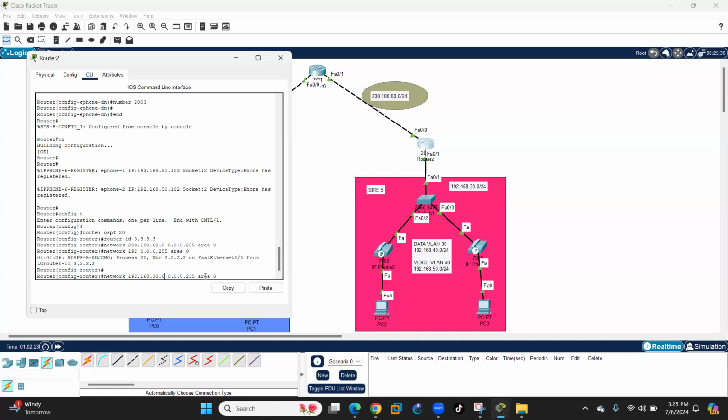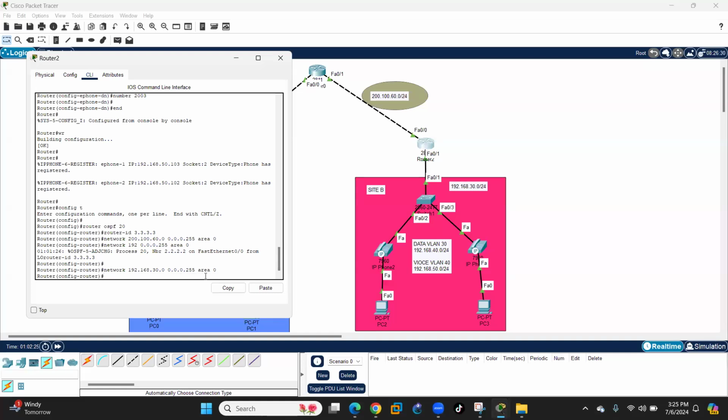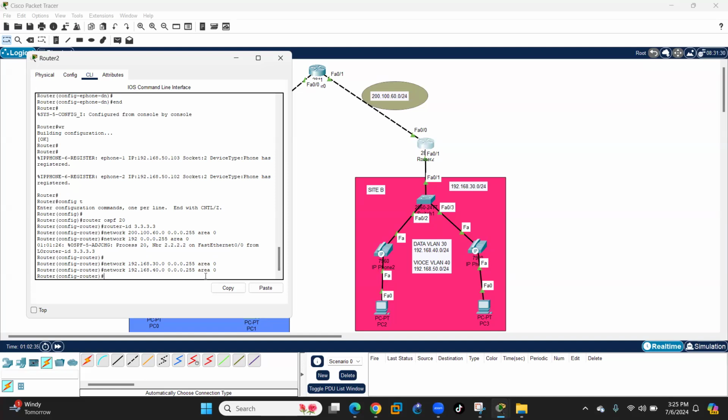Just follow what I've taught you in the class before you experiment. I experiment a lot too, but know what you are doing when you're experimenting. And when you're experimenting, have your notes. There are so many times I've used subnet mask instead of wildcard mask and it worked.